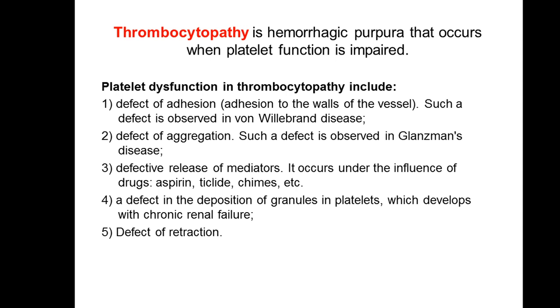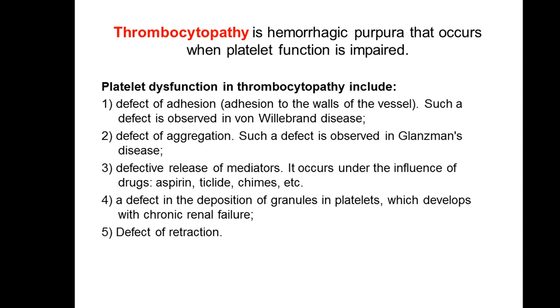Thrombocytopathy is hemorrhagic purpura that occurs when platelet function is impaired. Platelet dysfunction includes defects of adhesion to the walls of the vessels. Such a defect is observed in von Willebrand disease. Defects of aggregation: such a defect is observed in Glanzmann disease.